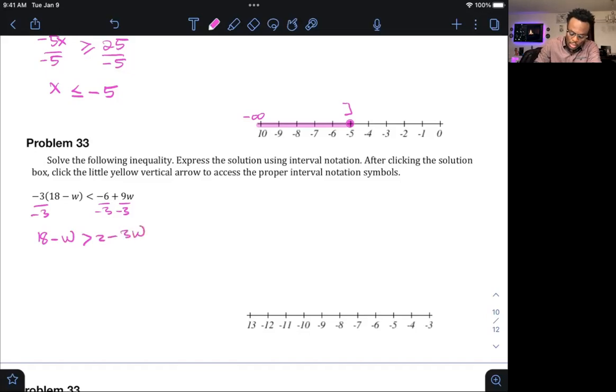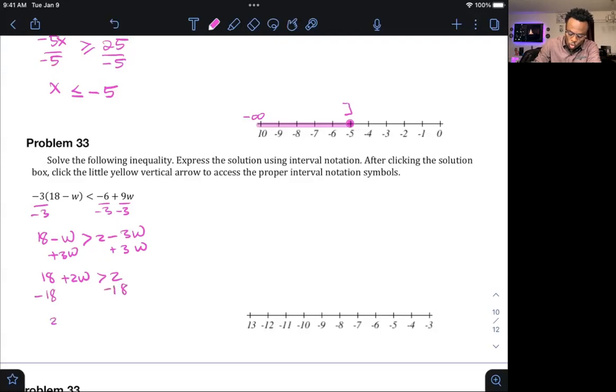So if we add 3W on both sides, that will take me to 18 plus 2W greater than 2. And then we can subtract 18 on both sides.